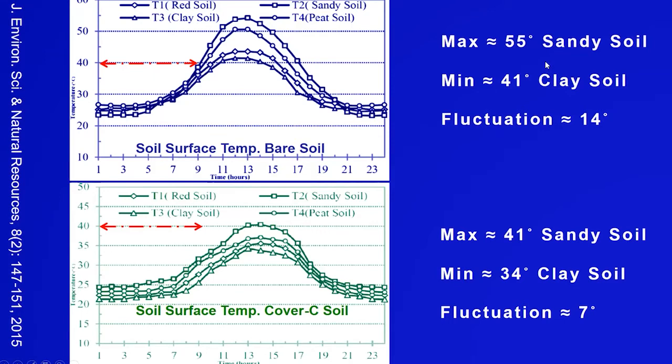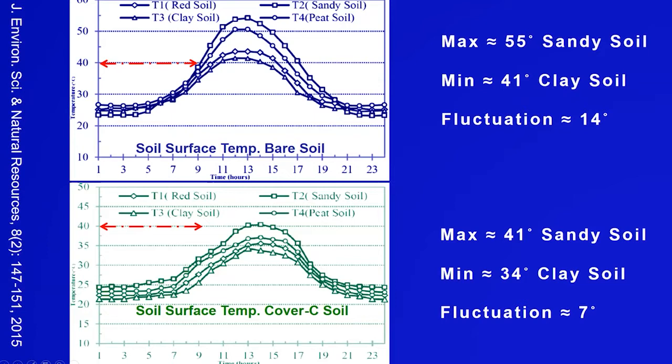It's comparing apples with apples. We don't have a doubt to say, oh, when did they measure this? No, it was a scientific measurement. That's why they could publish. It's a peer-reviewed journal. So 55 for sandy soil and minimum 41 for clay soil.